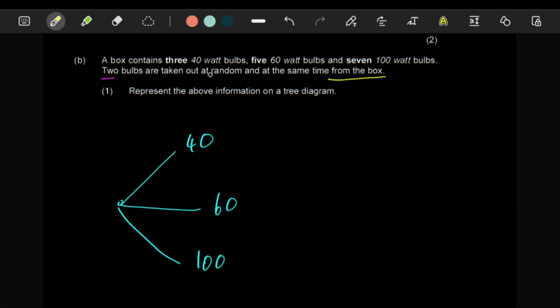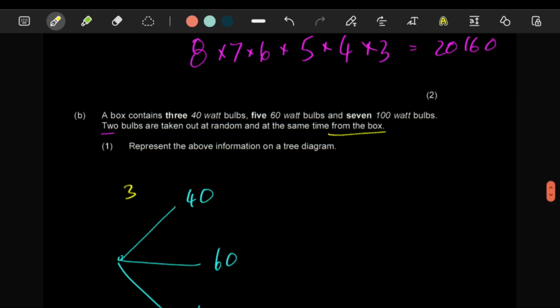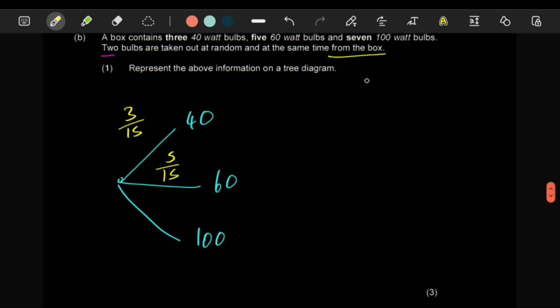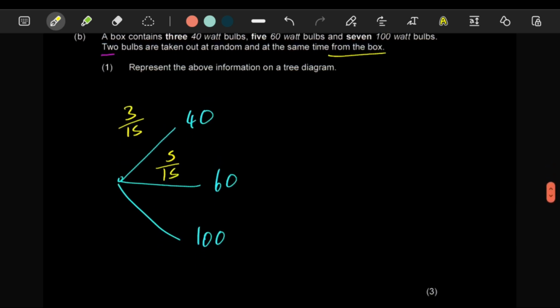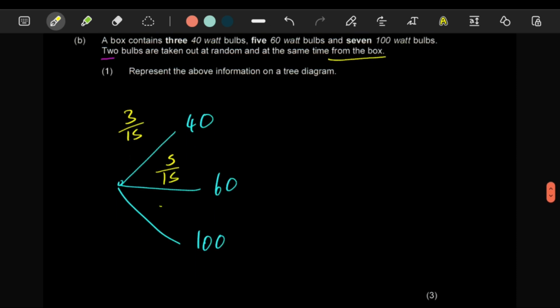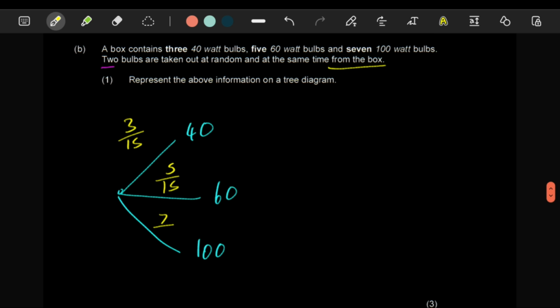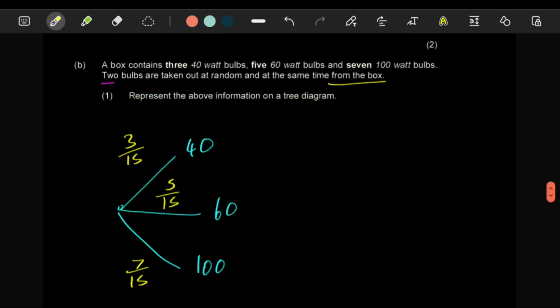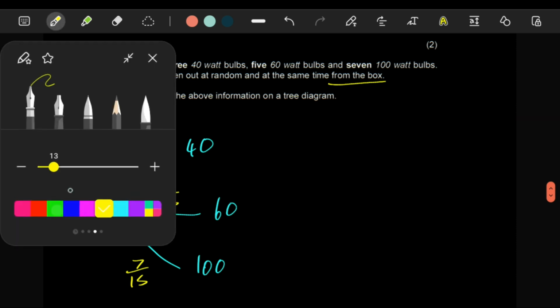So the 40-watt bulbs, you have 3 bulbs out of 3 plus 7, that's 10, plus 5, that's 15. And then 60-watt bulbs, you have 5 of them out of 15. 100-watt bulbs, you have 7 of them out of 15.